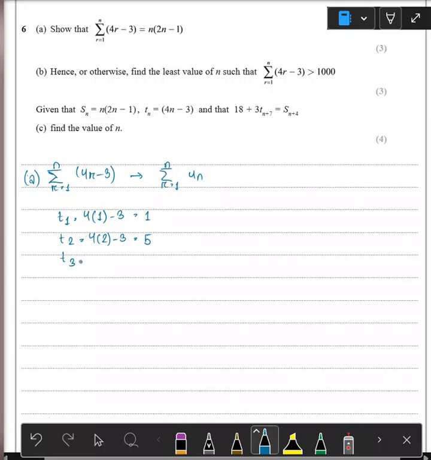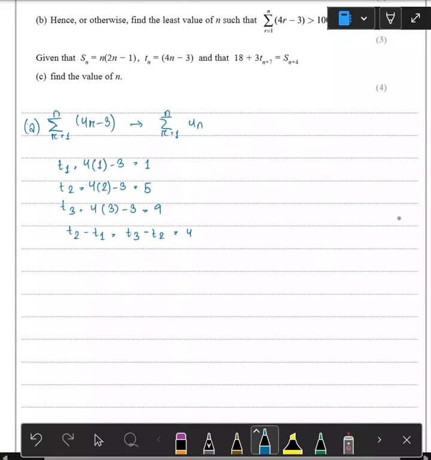T3 is 4 multiplied by 3 minus 3, so it's 12 minus 3, which is 9. The difference between the second term and the first term equals the difference between the third term and the second term, which is 4. 9 minus 5 is 4, 5 minus 1 is 4. So there is a common difference between them.